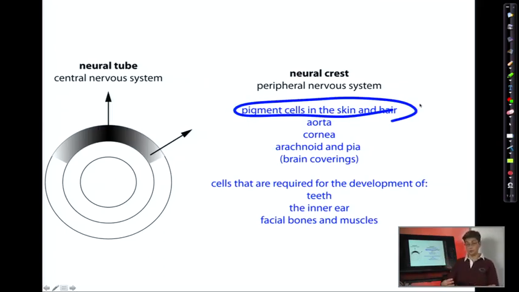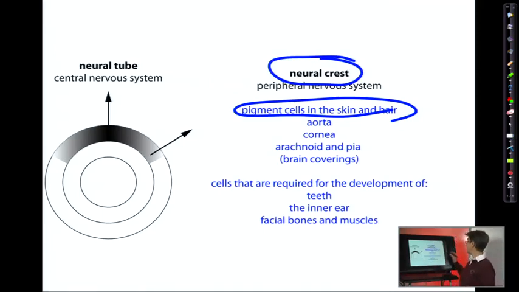Neural crest is also responsible for producing your cornea, your aorta, the meninges that cover the brain. And it's also, it doesn't become, but it is needed. It's absolutely required for the correct development of teeth, for the bones and the muscles in the face, and for the inner ear. So if there is a problem with the neural crest, the result will be a combination of both neural and non-neural problems.